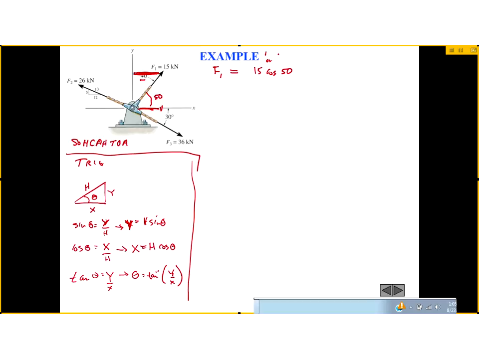So you could have said 15 sine of 40, and that's going to be in the I direction. And what is now the y component of F1? Well, 15 times the sine of 50, right? And that's basically F1. You can put an arrow on top of it.